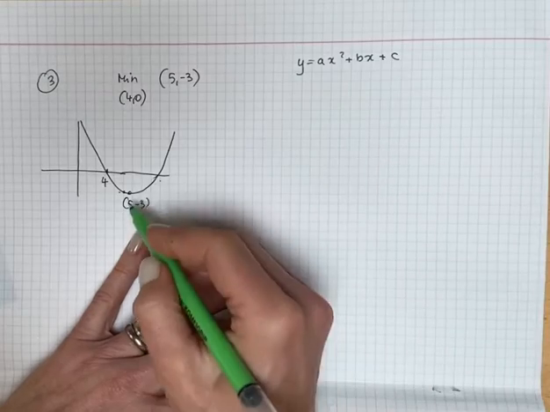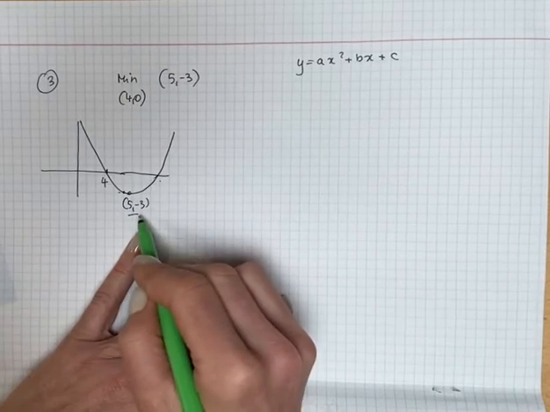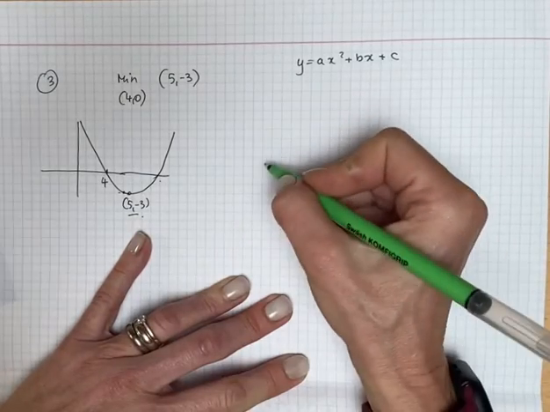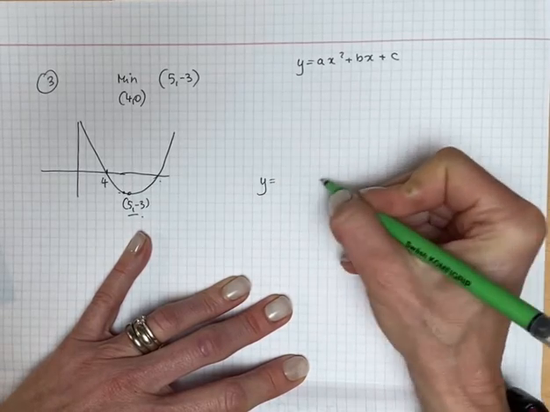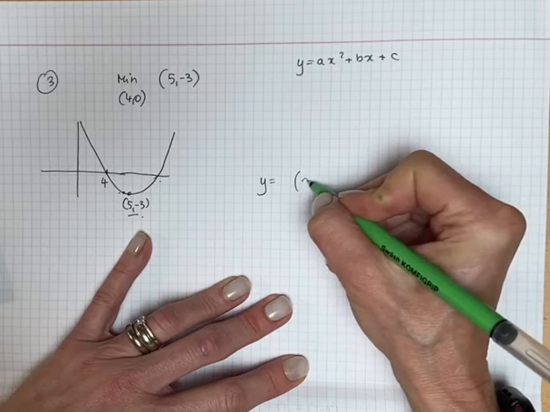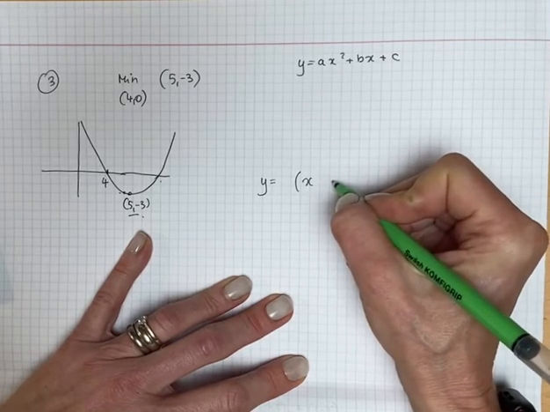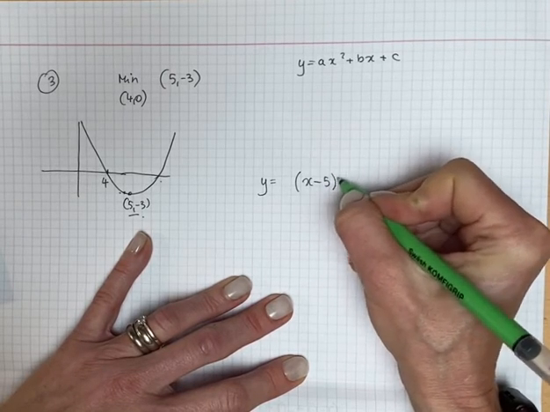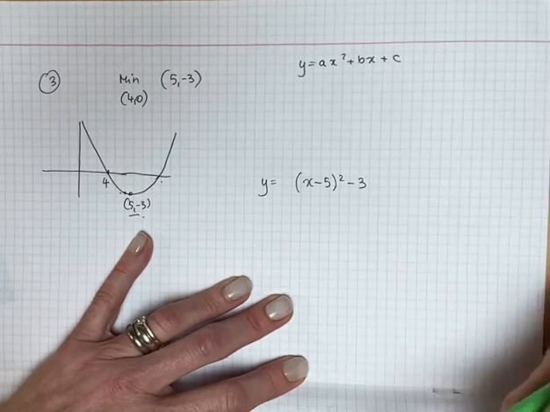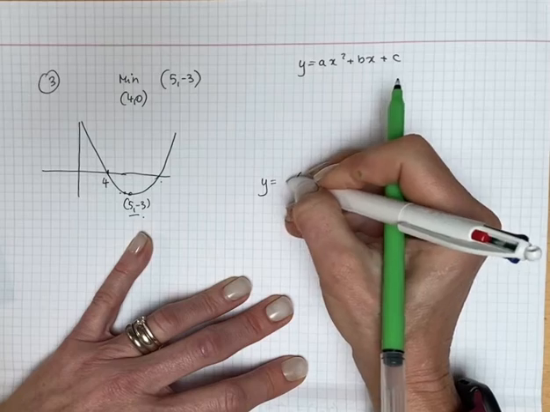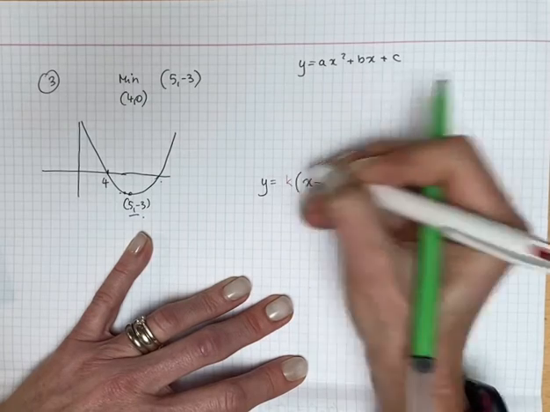This time, because they give me the minimum value, I know that one of the quadratics that this minimum value could come from is, in completed square form, x minus 5 squared minus 3. But again, I don't know whether it was stretched. There may have been a value in front, so maybe some k.